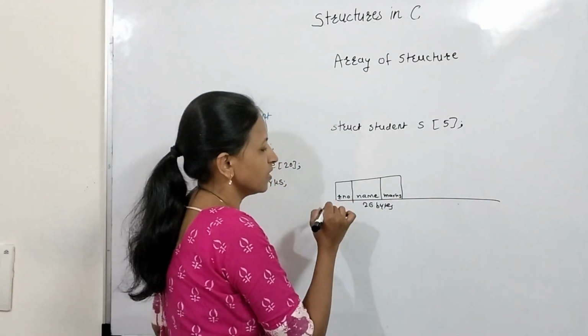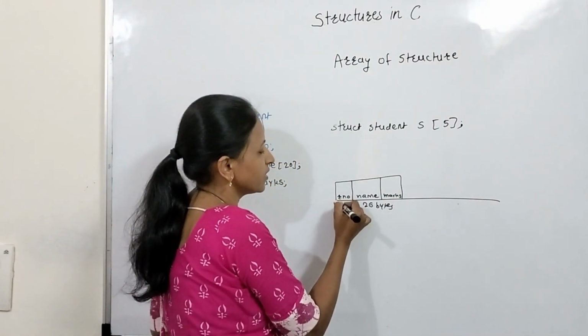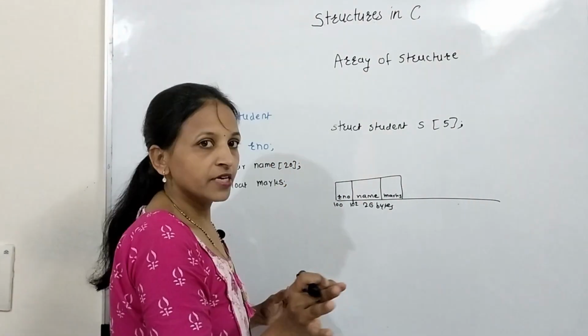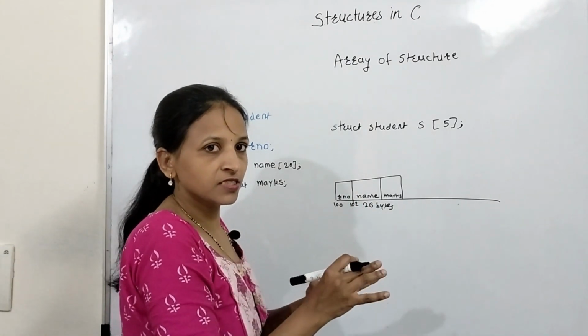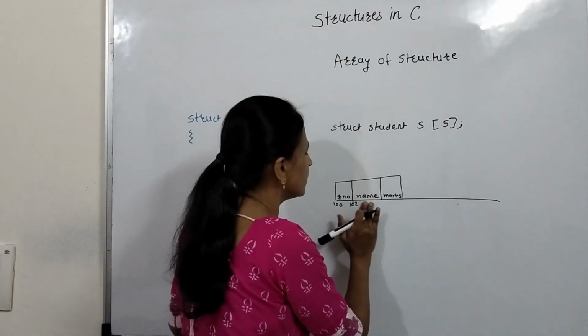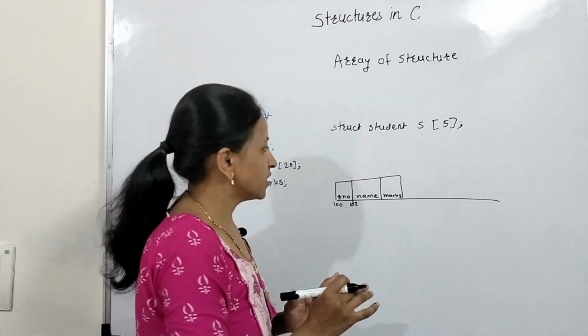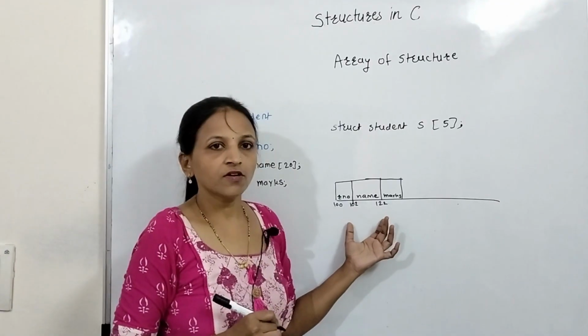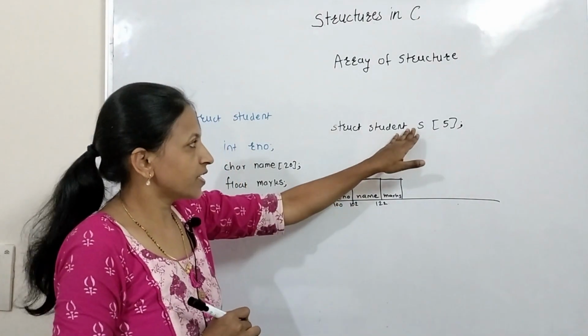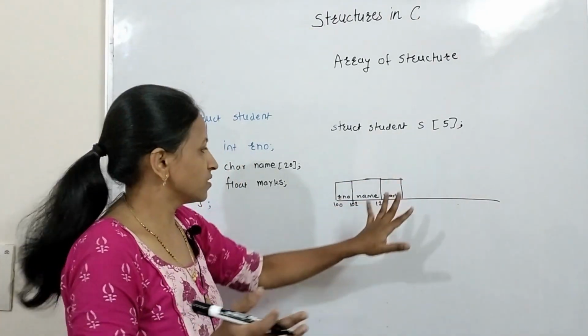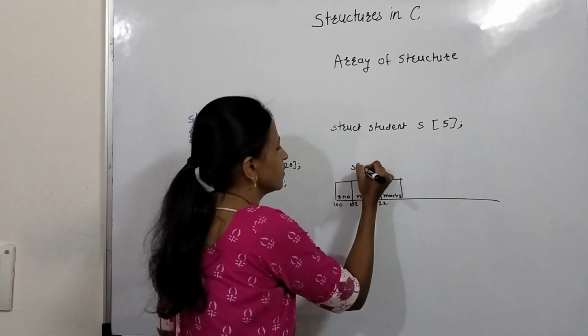In this way. Now here the address may be 100, then internally the addresses for individual members of that structure variable are again contiguous, like an array. Now the second element of that array is S of 1, and this one is S of 0.